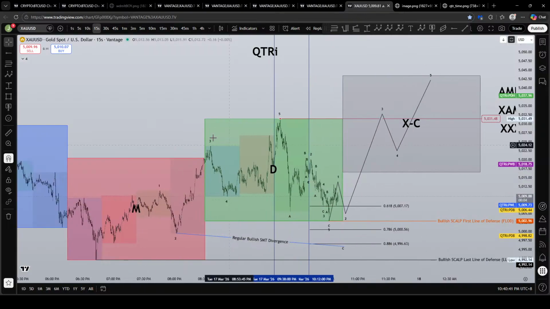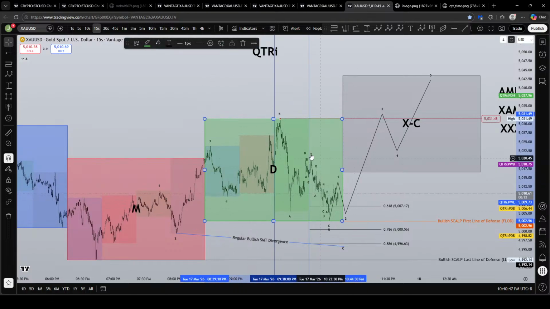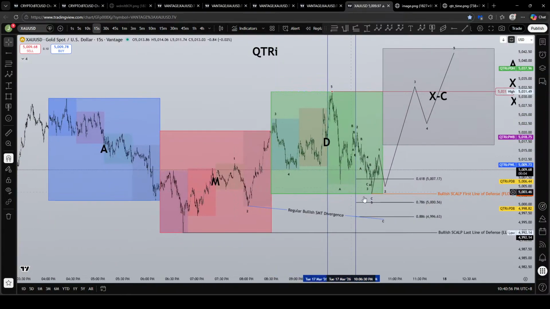Now the XC, for us to confirm that quarter 3 is a distribution, it should not create any more low after the third quarter. So if it creates a new low here before the quarter 3 closing, then it's still okay.